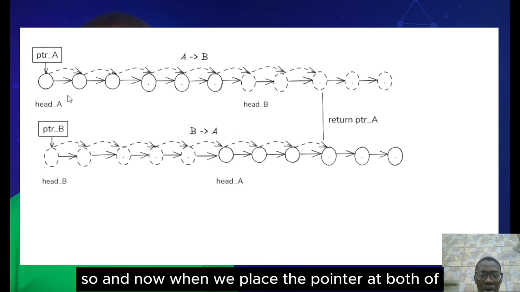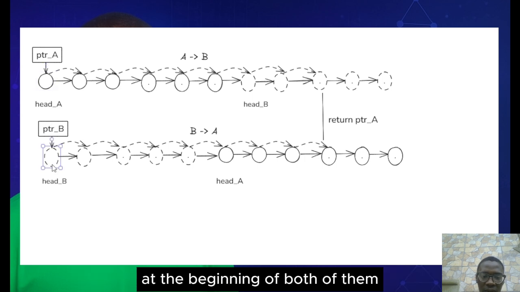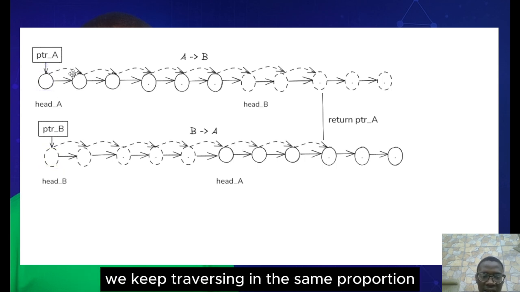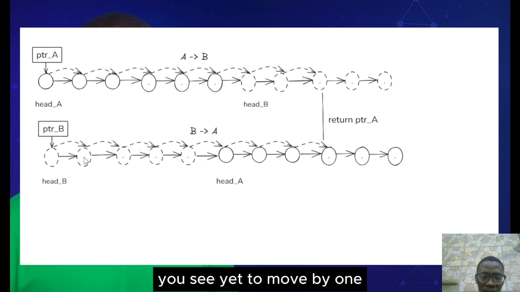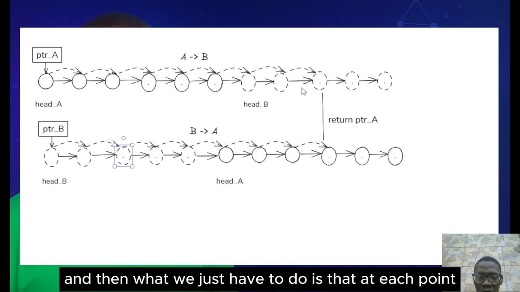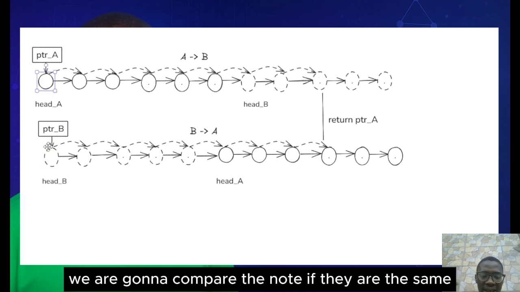Now when we place the pointer at the beginning of both of them, we keep traversing in the same proportion. You see here, this one moves by 1 to this point, and this one moves by 1 to this point, and then it keeps traversing. At each point we compare the nodes to see if they are the same.